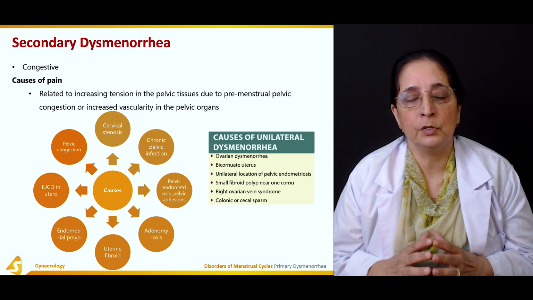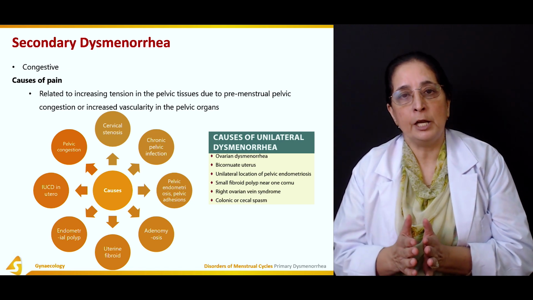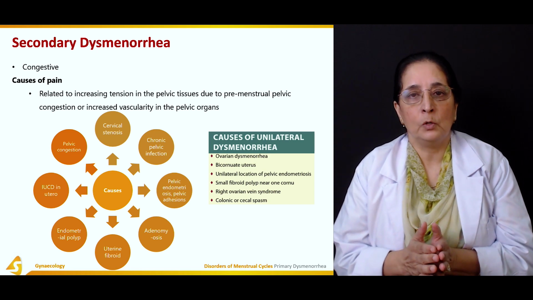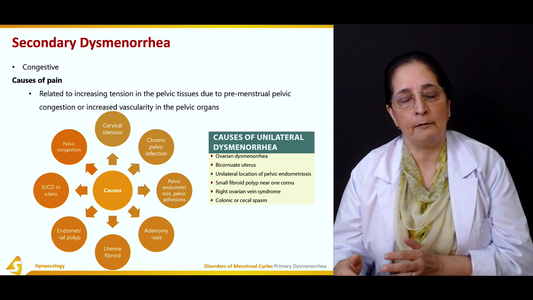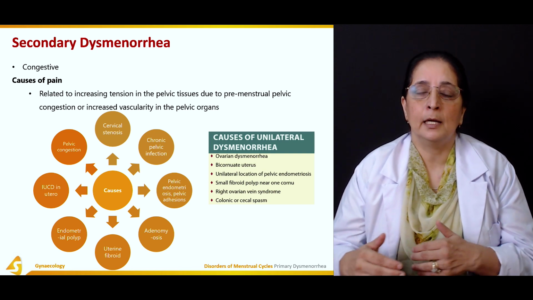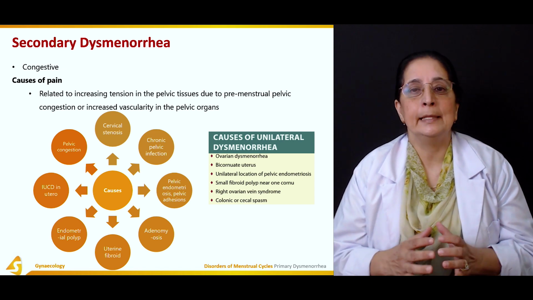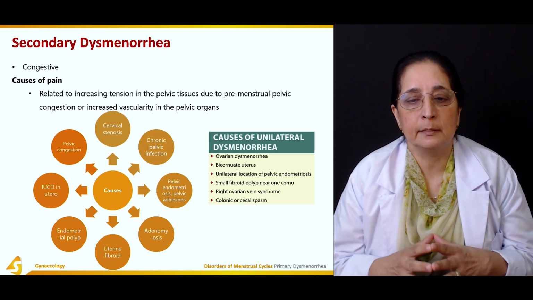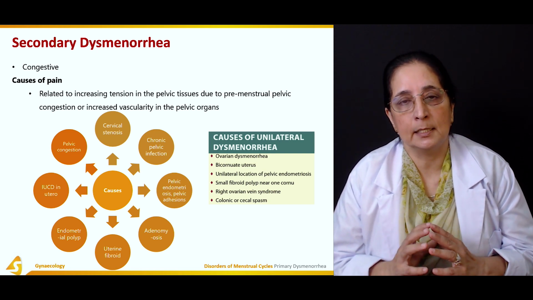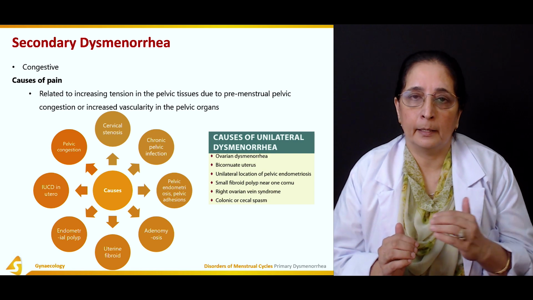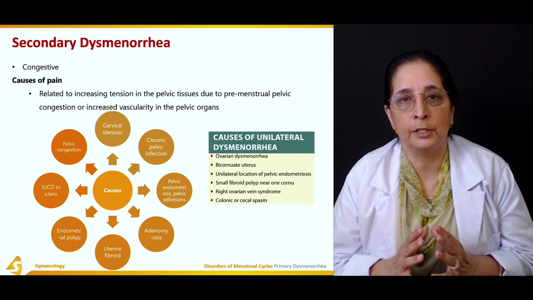Endometriosis is the condition in which there is presence of the endometrium not only inside the uterus but in other areas of the pelvic structures or in other pelvic organs like the ovaries and fallopian tubes, and this can lead to dysmenorrhea. Adenomyosis is when there is invasion of the endometrium into the muscle layer of the uterus.